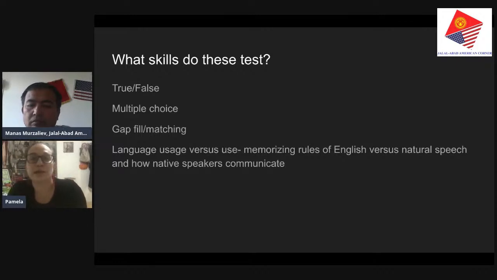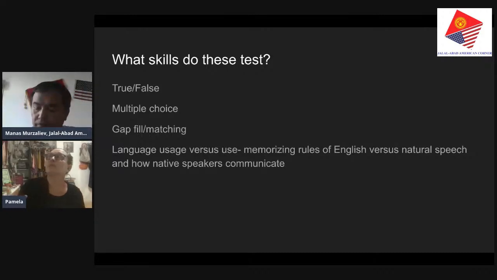I know there's a lot of irregular verbs there, which is also a problem. But if they're not able to use it in actual natural speech, then it's useless for them to memorize the rules, basically. So focus on practicing productive skills in preparation for testing those productive skills.